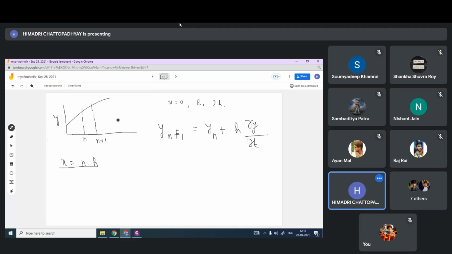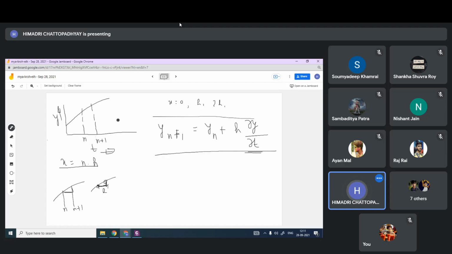Say this is an initial value problem, so let me say t instead of x. I am now changing to t. Why? Because you should have the idea that it can be x or t, but at t equal to 0 I know y0, or at x equal to 0 I know x0. So y at n plus 1, but this is very intuitive. You see, this is nothing great. You know the nth level value. So the n plus 1th level value will be the slope del y dt multiplied by this. You know dy dx, multiply by dx, that is equal to h, and you get the new value.